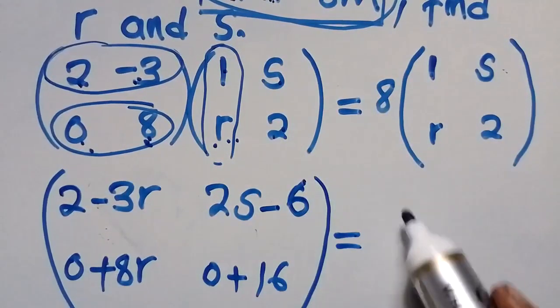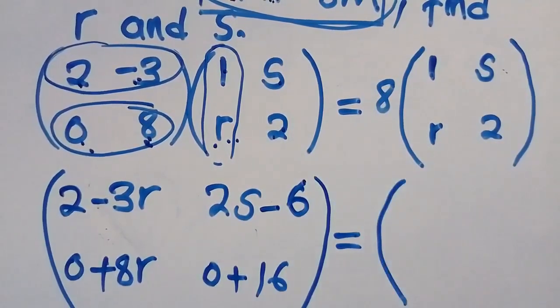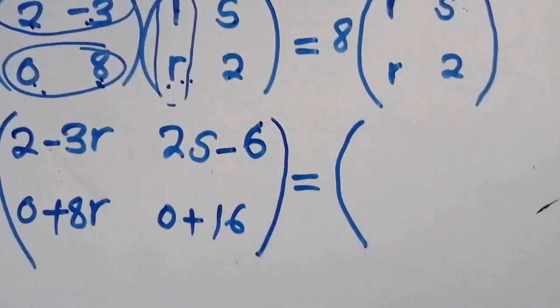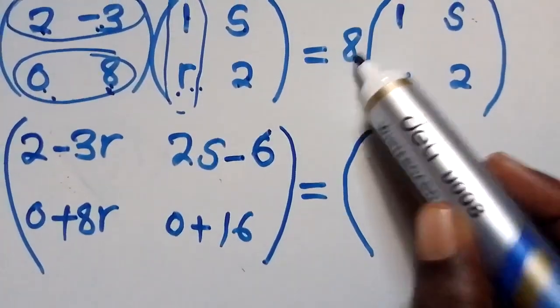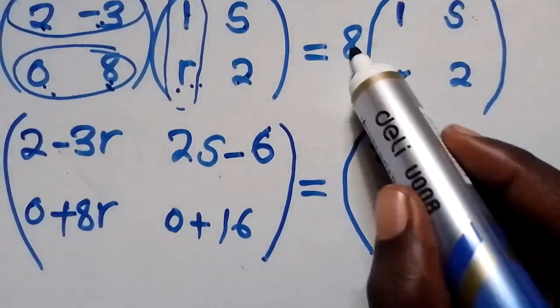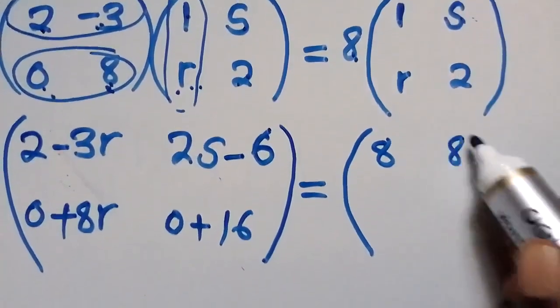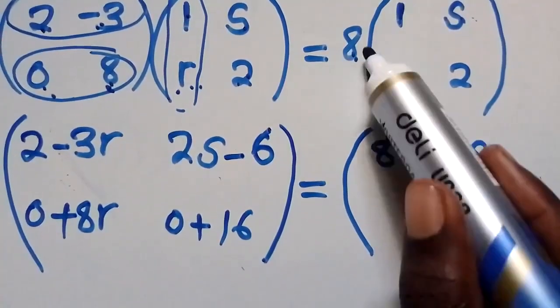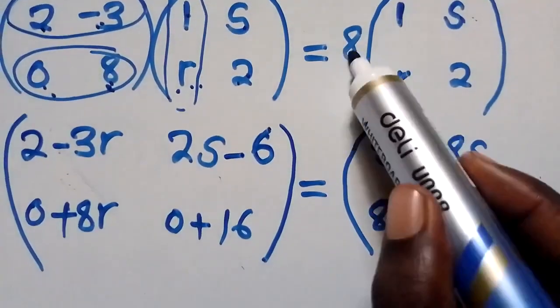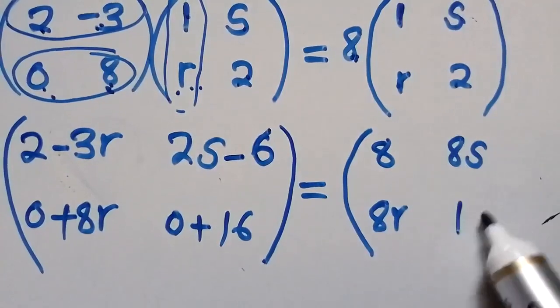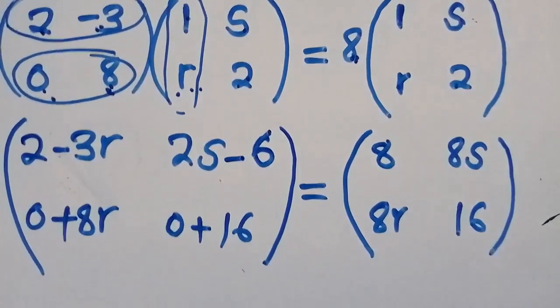Even here you need to have just one thing. 8 times 1, 8. 8 times s, 8s. 8r. 16. This is what you are going to do.